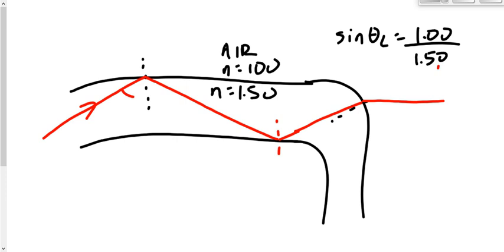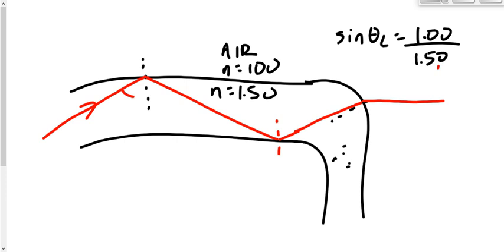Make sense? Now, if you were doing research, worked for a company that made fiber optic cables, and you were doing research on materials, trying to find better materials, ideally you'd try to find a material to use for a fiber optic cable that had a lower or a higher index of refraction. What would be the goal? You'd want to have a higher index of refraction, right? If you could.